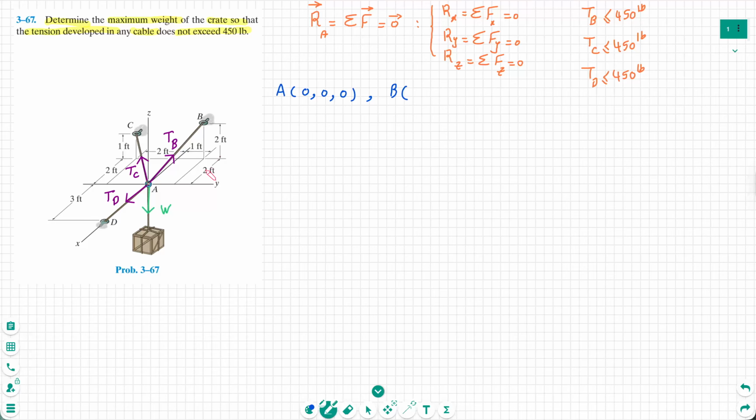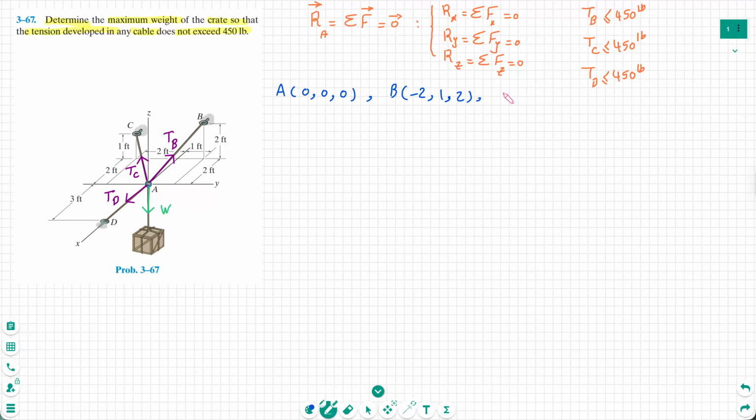Why negative 2? Because it is on the negative direction of the x-axis. The y coordinate of point B is positive 1. The z coordinate of point B is positive 2.